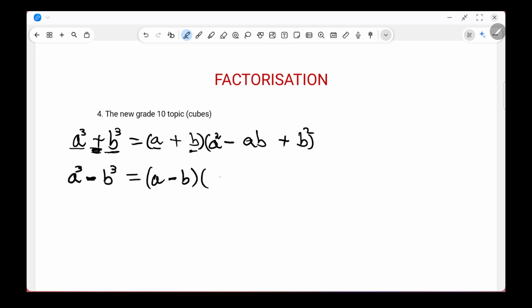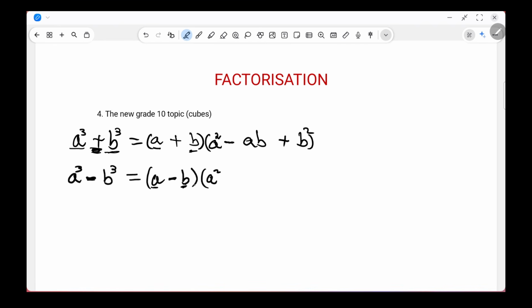Then we open the big one: a multiplied by a is a squared, and then a multiplied by b.